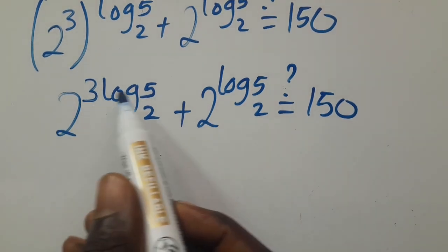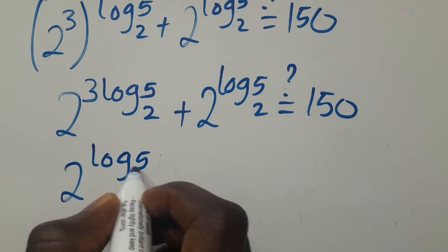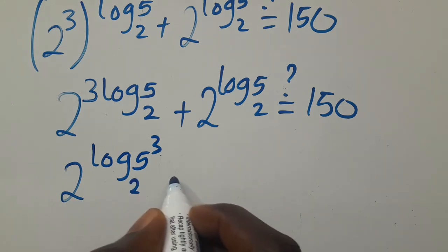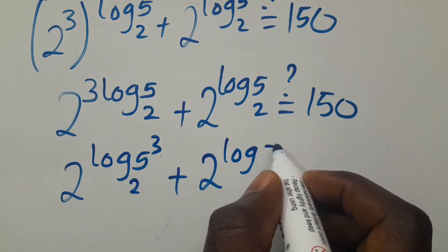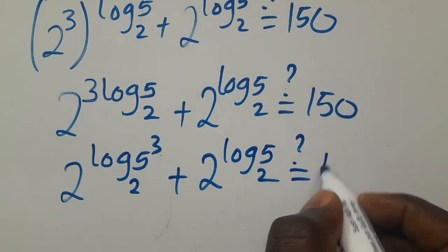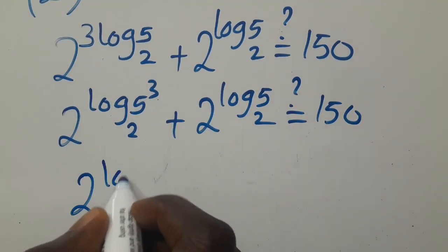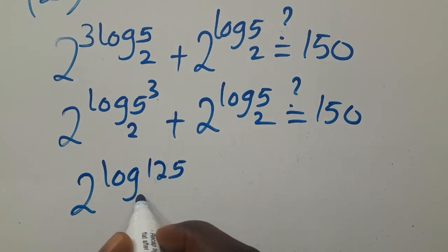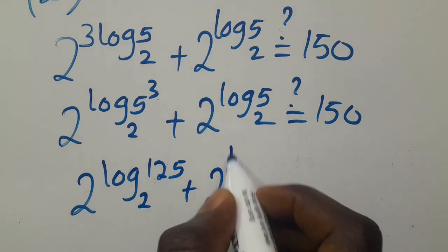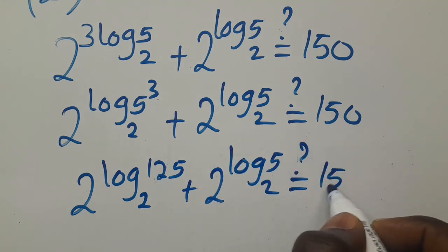Let's take this power back inside, then it will be 2 to the power of log 5 to the power of 3 in base 2 plus 2 to the power of log 5 in base 2. Then we have 5 to the power of 3, which is 125, so 2 to the power of log 125 in base 2 plus 2 to the power of log 5 in base 2. Then it's going to give us 150.